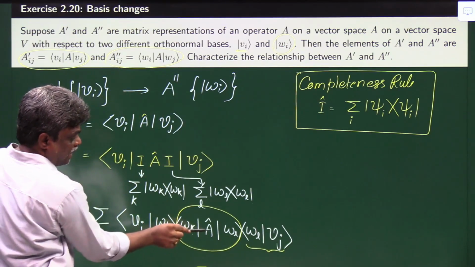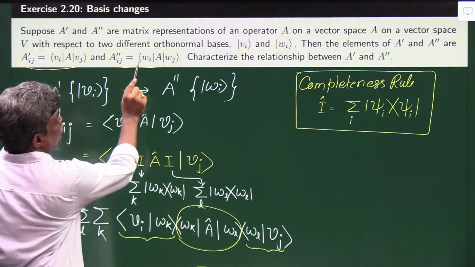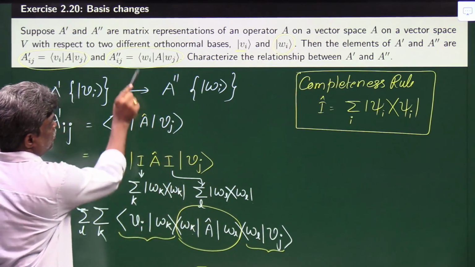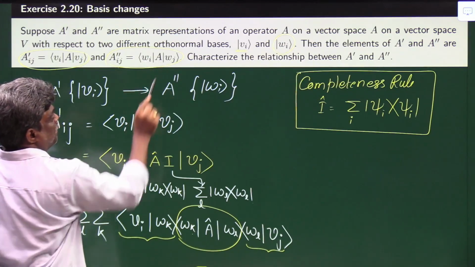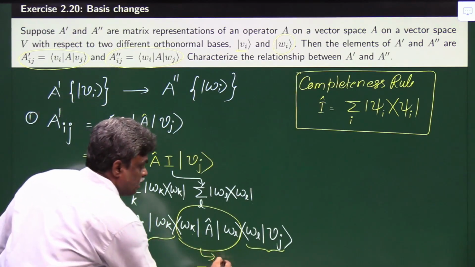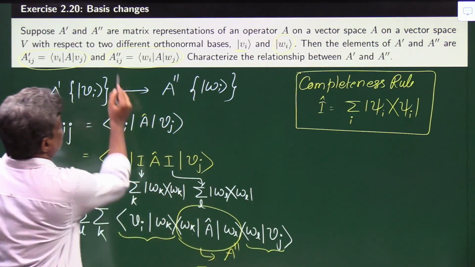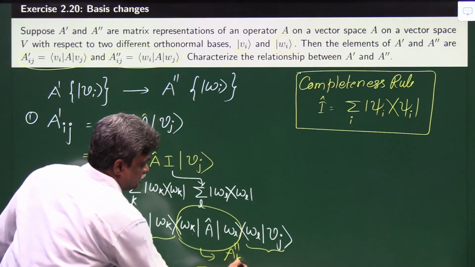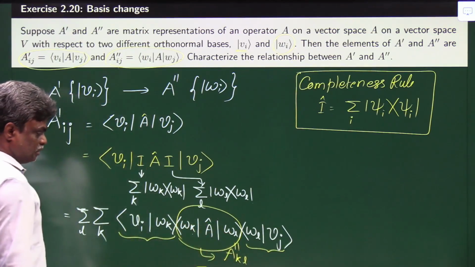This is the operator A representation in W basis. Please check W basis. Don't bother about these dummy indices. So this is nothing but A double prime KL, because here we have K and L, no issue.